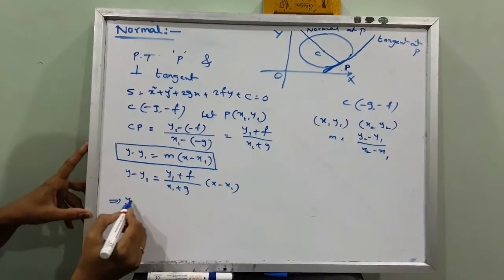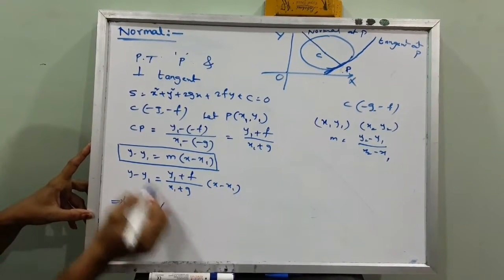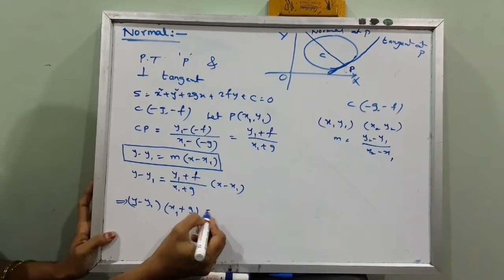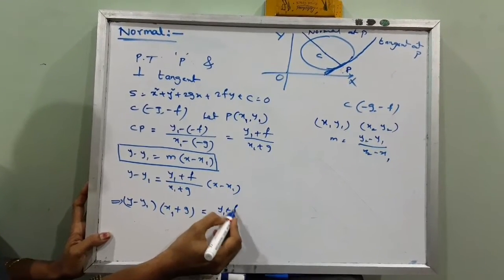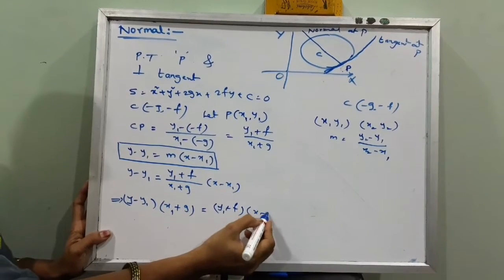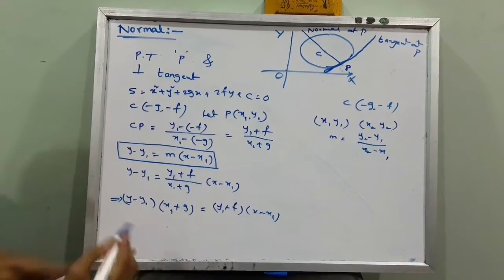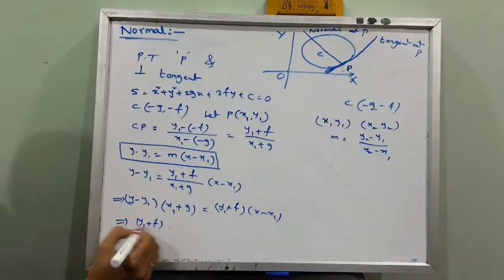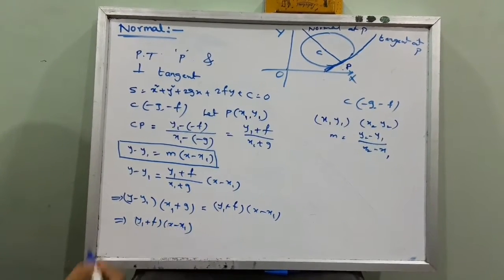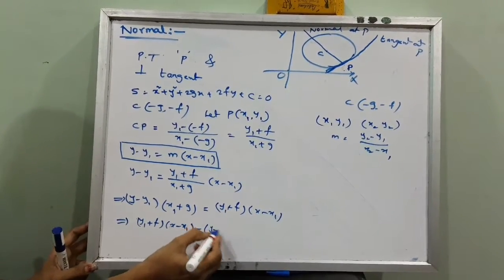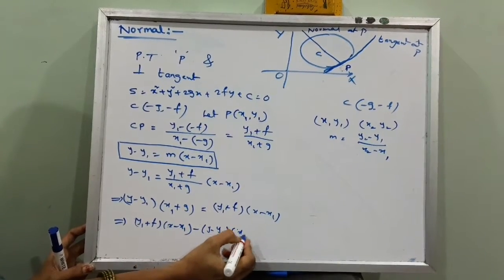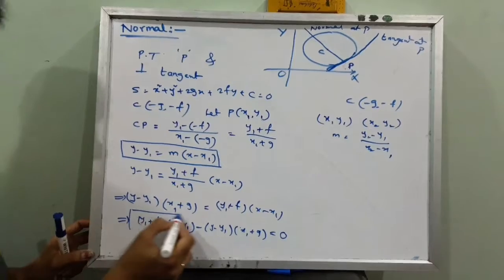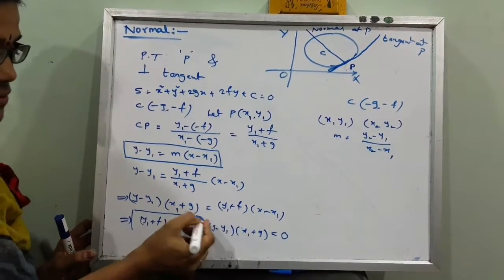Now cross multiplying, (y minus y1)(x1 plus g) is equal to (y1 plus f)(x minus x1), which implies (y1 plus f)(x minus x1) minus (y minus y1)(x1 plus g) is equal to 0. This is the equation of the normal.